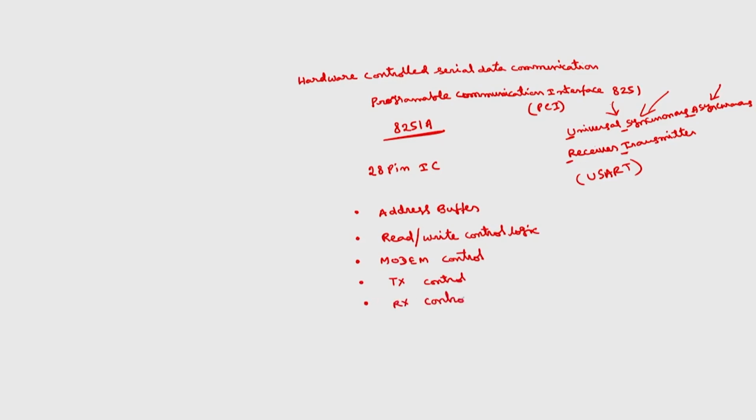These are some important blocks of this 8251, and we have a serial to parallel converter and parallel to serial converter. In case of software control, you have to do serial to parallel and parallel to serial conversion using the program, whereas here we will have hardware. As I have told, this conversion can be implemented by using shift registers.